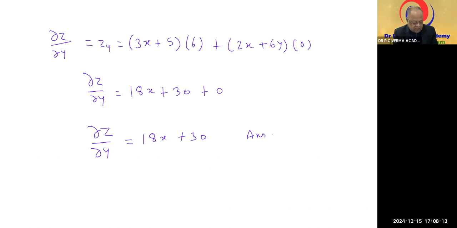So the answer of the partial derivative: del z by del x will be equal to 12x plus 10 plus 18y, and del z by del y is equal to 18x plus 30.